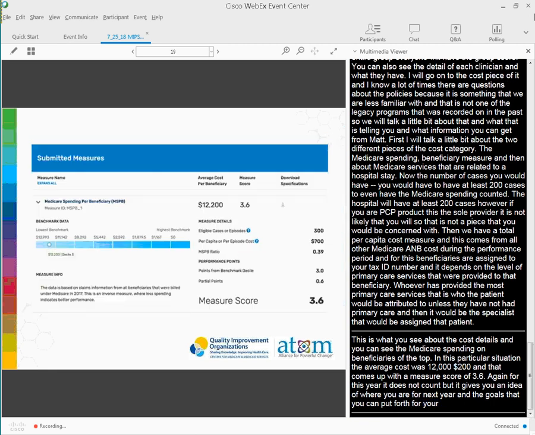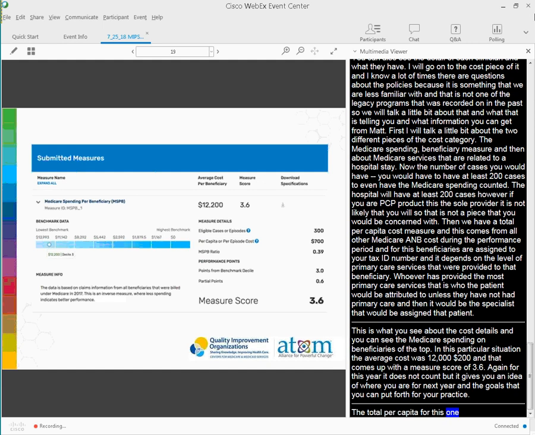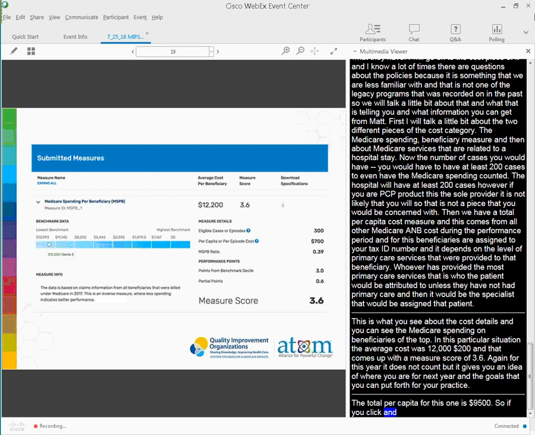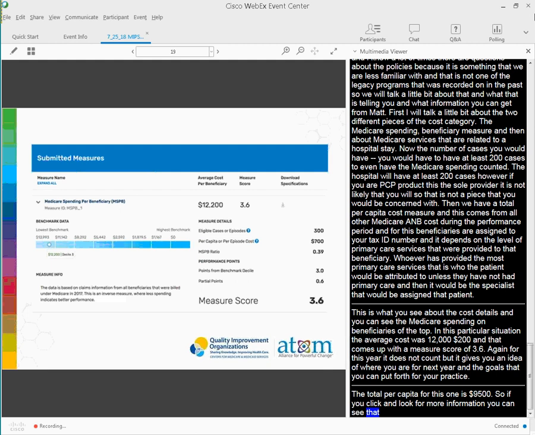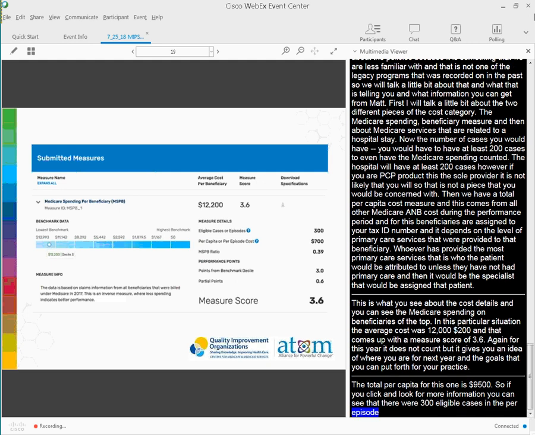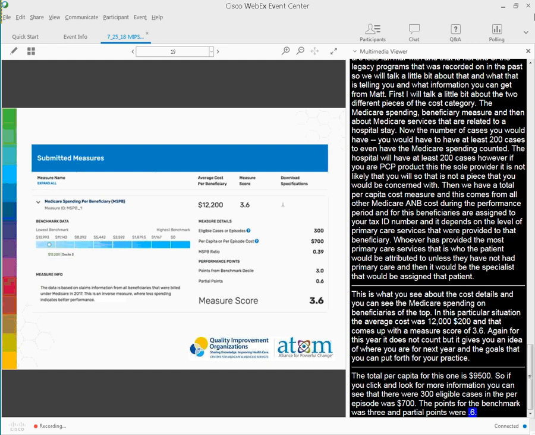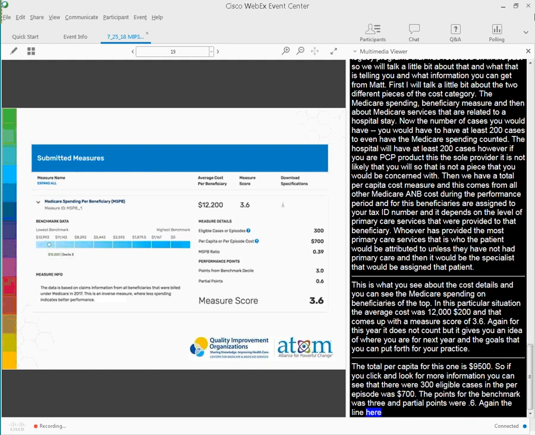So if you click and you look for more information, you can see that there were 300 eligible cases, and the per episode was 700. The points for the benchmark was 3, and partial points was 0.6. Again, the graduated line here gives you the percentile for the benchmark.